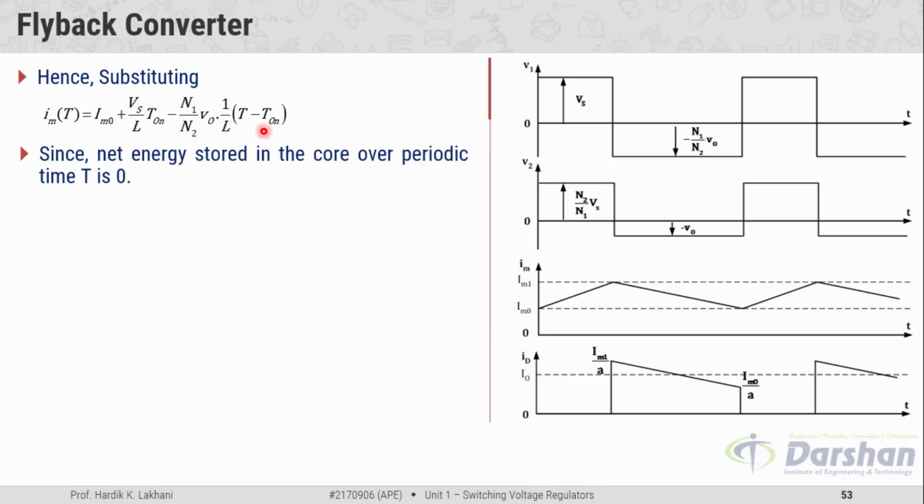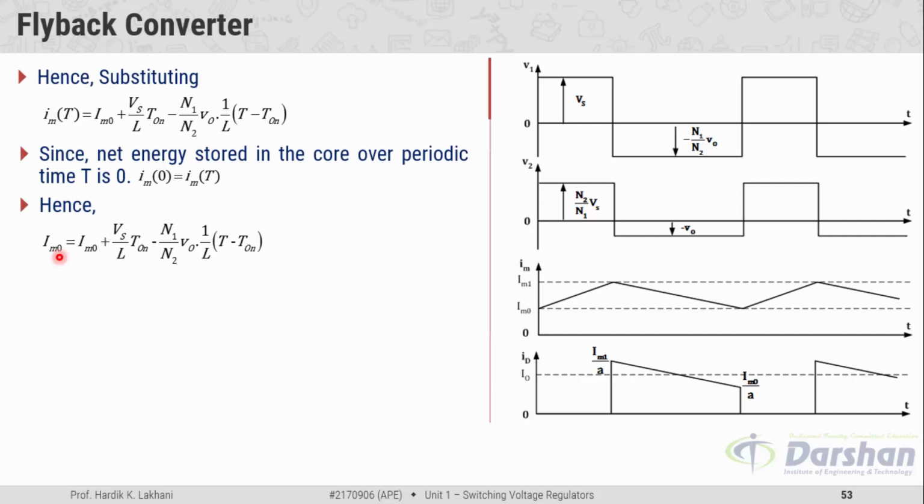Since the net energy stored in the core over the periodic time T is equal to 0, which means steady state condition, the energy stored by the transformer core and the energy released by the transformer core are the same. That means the magnitude of the magnetizing current at the instant t is equal to 0 and at the end of the cycle is the same.